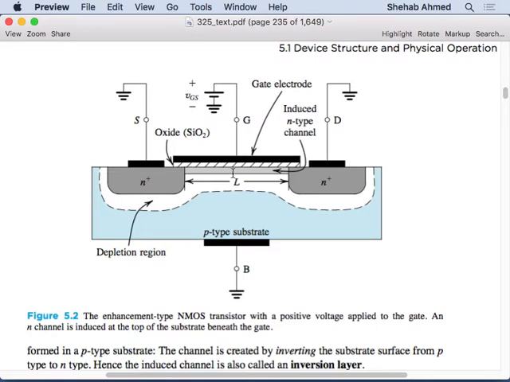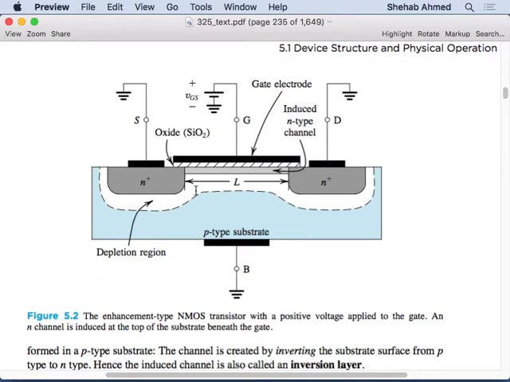The current will flow between the drain and source, depending on the width of the channel and how much voltage I'm applying. Correct? So that's what we need to formalize, and the objective is to figure out how much current is flowing when my gate to source voltage is a certain value. This is my control variable, right?